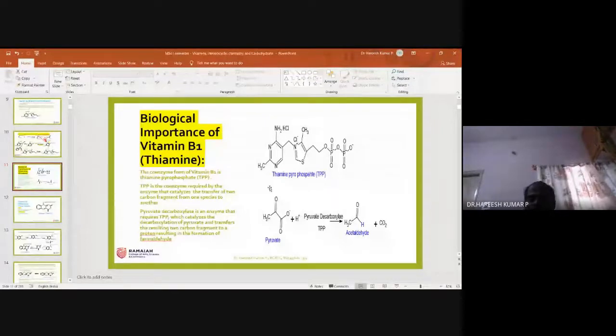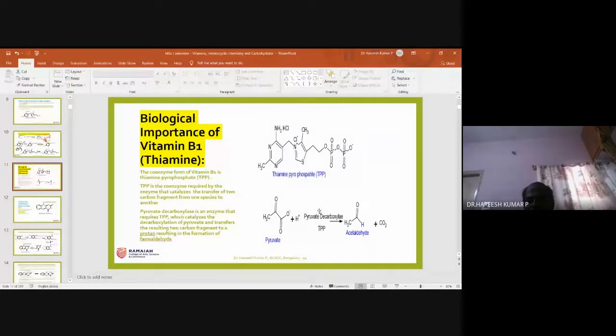Overall, several times they have asked about the biological importance of thiamine or vitamin B1. At that time you should be able to write this explanation: thiamine pyrophosphate is a coenzyme required by the enzyme pyruvate decarboxylase.